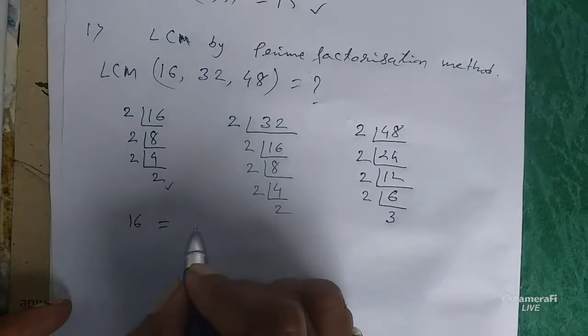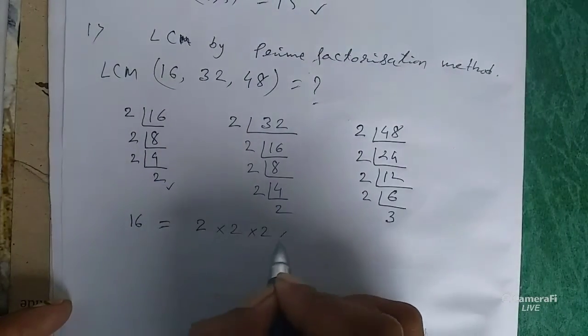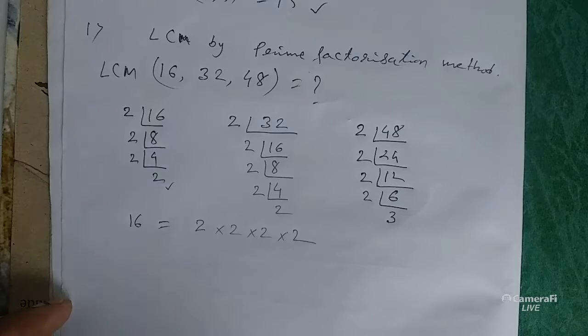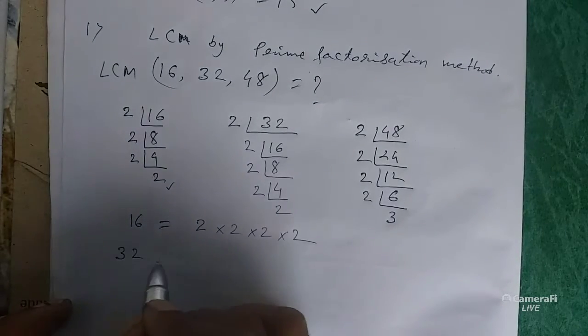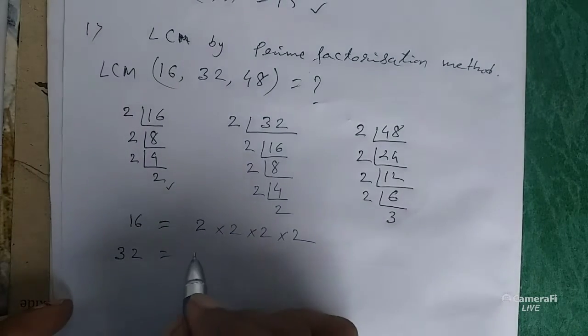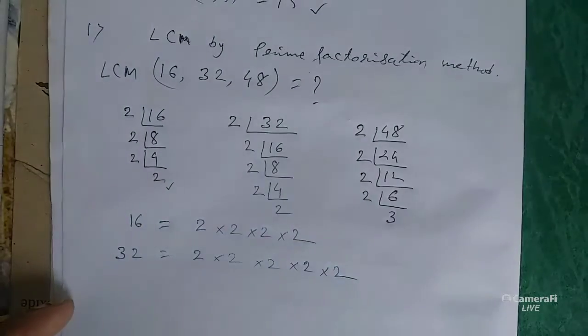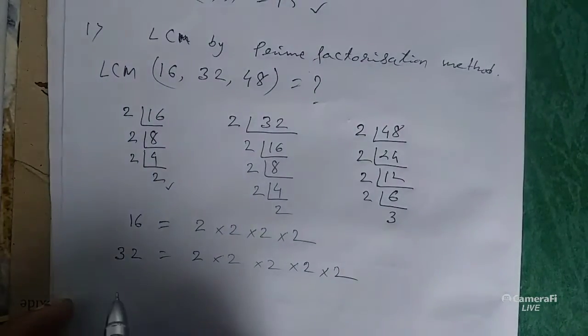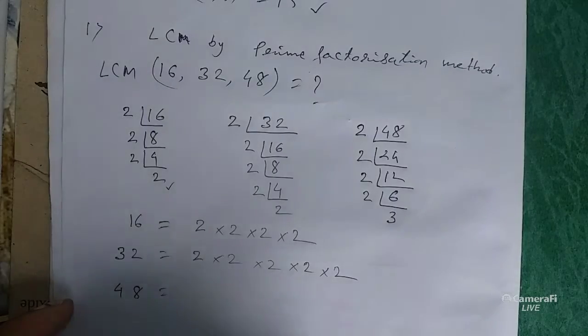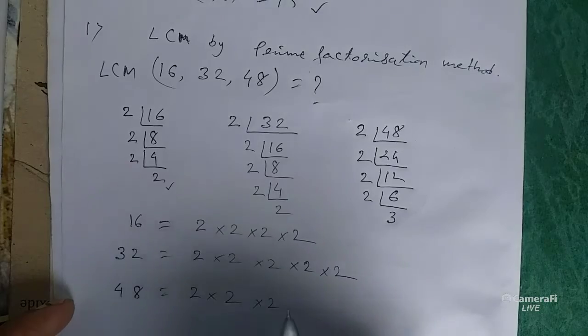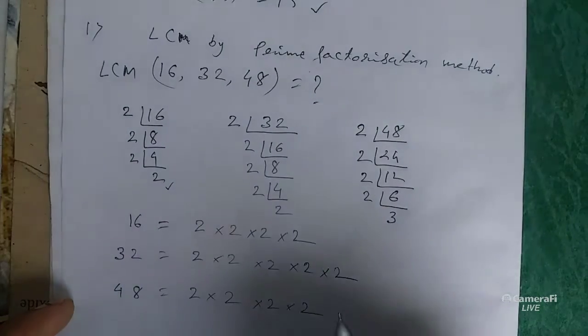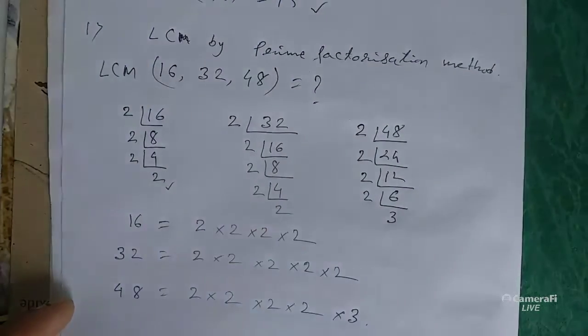First 16 equals 2 into 2 into 2 into 2. Then 32 equals 5 2s, only 5 2s, and for 48, 4 2s and 1 3, 2 into 2 into 2 into 2 and 1 3.